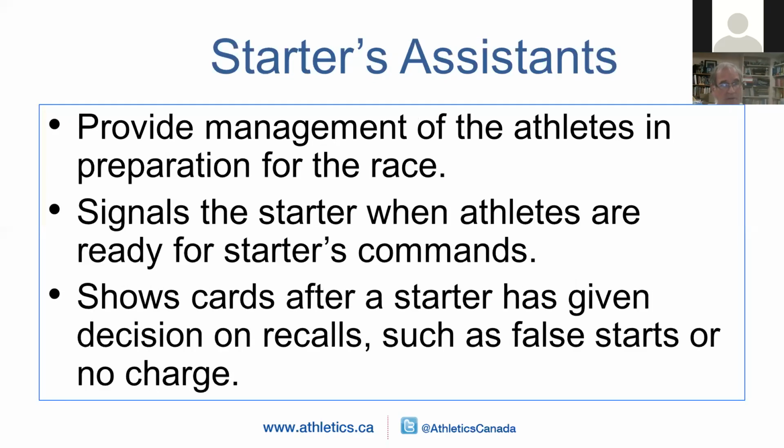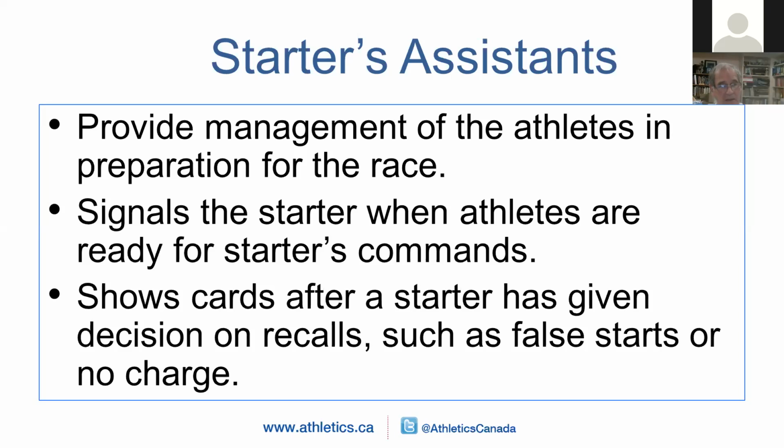And then the starter's assistants, the starter definitely relies on them. They provide the management of the athletes in preparation for the race. They signal the starter when the athletes are ready for the starter's commands, and show the cards after a starter has given a decision on recalls, such as false starts or no charge.